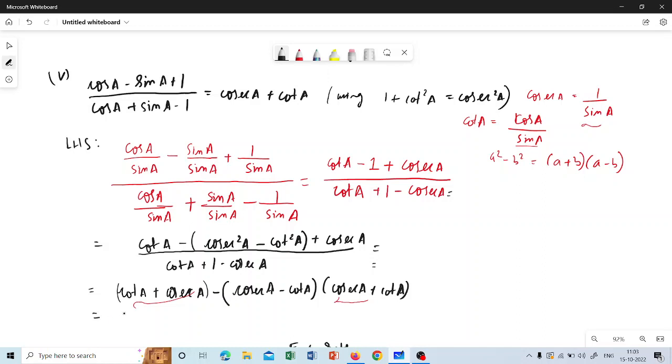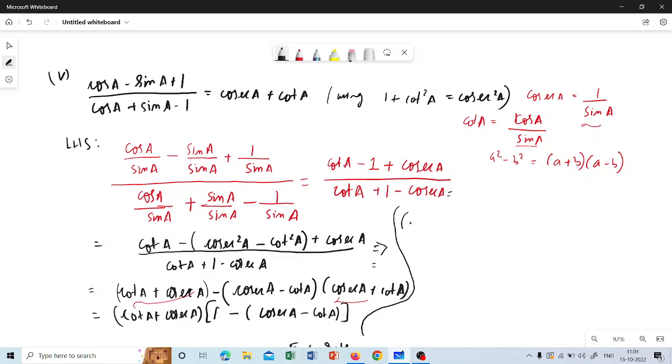In this step, if I take this whole expression common, cot A plus cosecant of A, then this will be 1 minus cosec of A minus cot A. Now if you look at the denominator carefully, in the next step I am going to expand this with the minus sign.